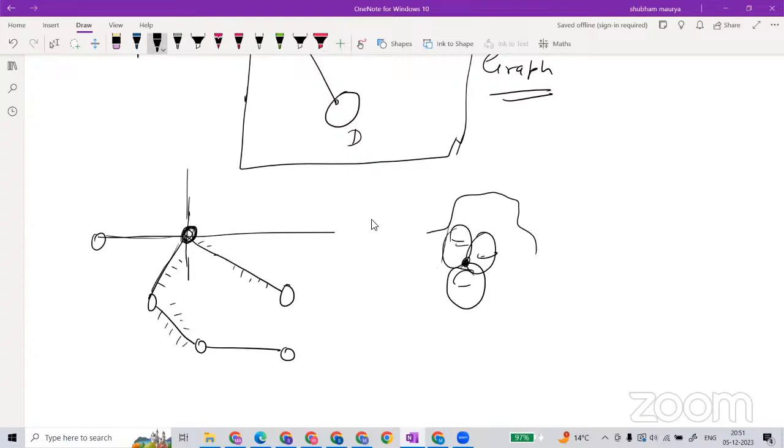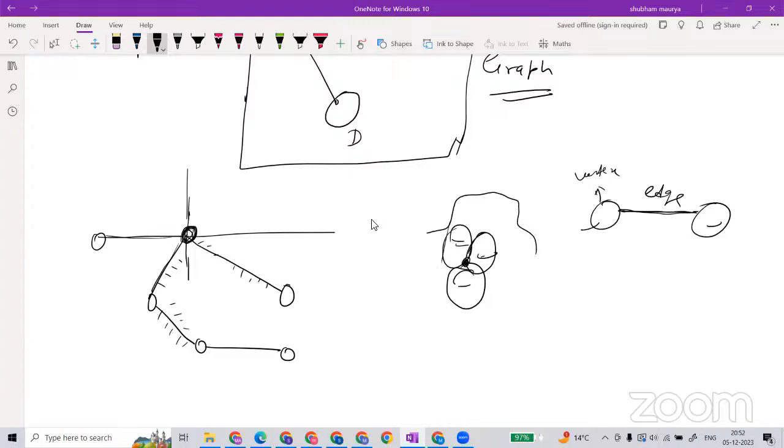This can be changed into a graph theory problem. This is called an edge and this is called a vertex. If two states share a boundary, then we join a line between these two states.